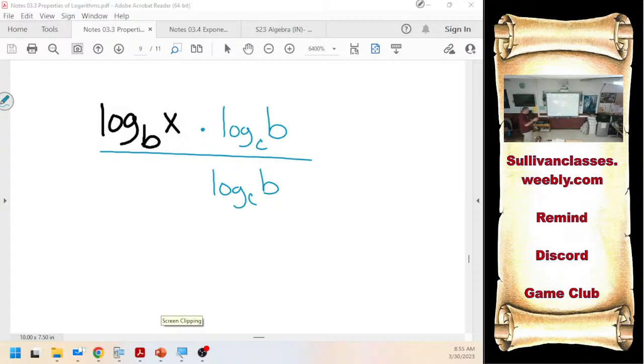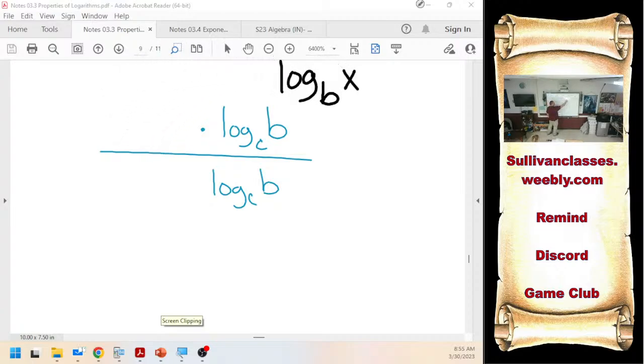Now, right now, you would say, why did I do this? It looks so complicated until... this is a logarithm. This is the coefficient of a logarithm. What can I do with coefficients of logarithms? They can go up to exponent town.